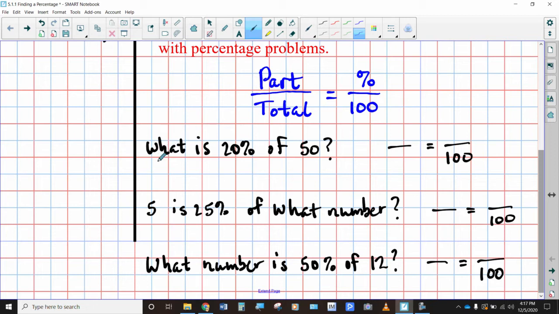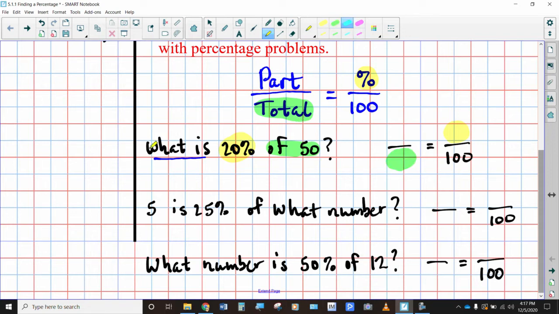For instance, if it asks what is 20% of 50, you're going to notice that the percent is always listed with the percent sign, so those two go together here in our percent proportion. The total is always given as "out of" a certain number, so that quantity always goes down here in the percent proportion.